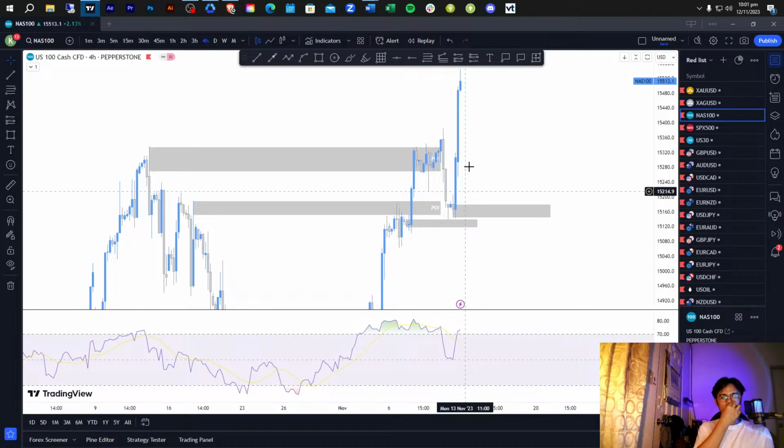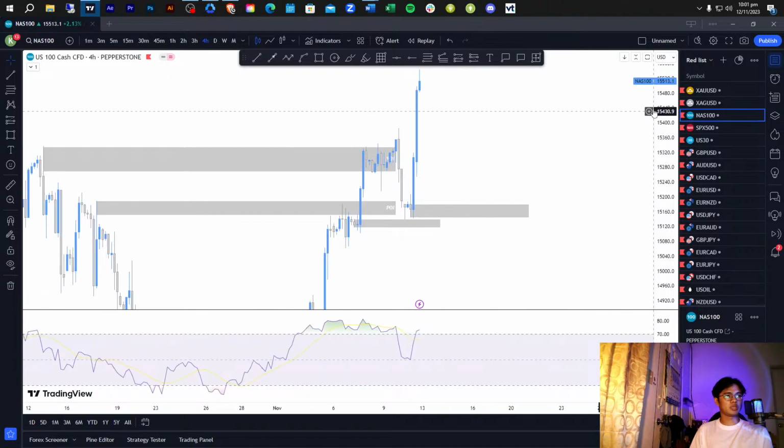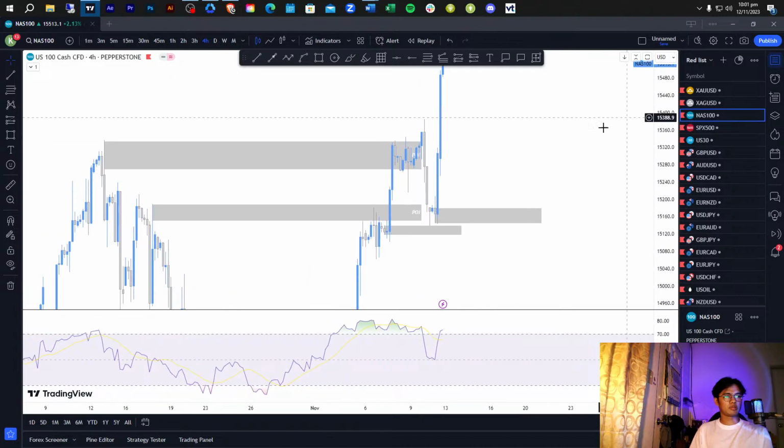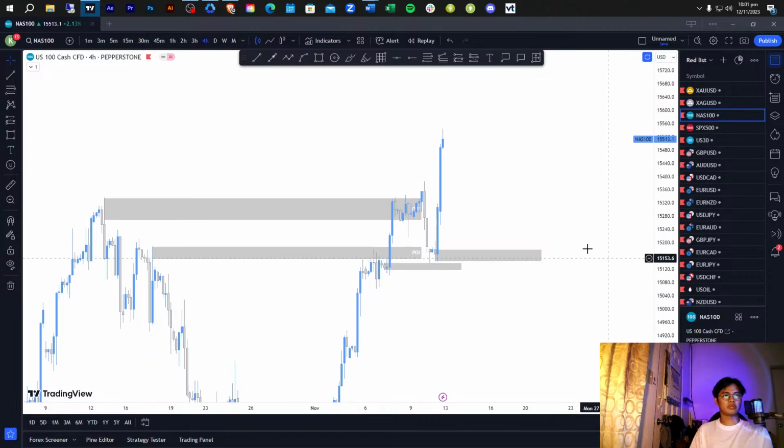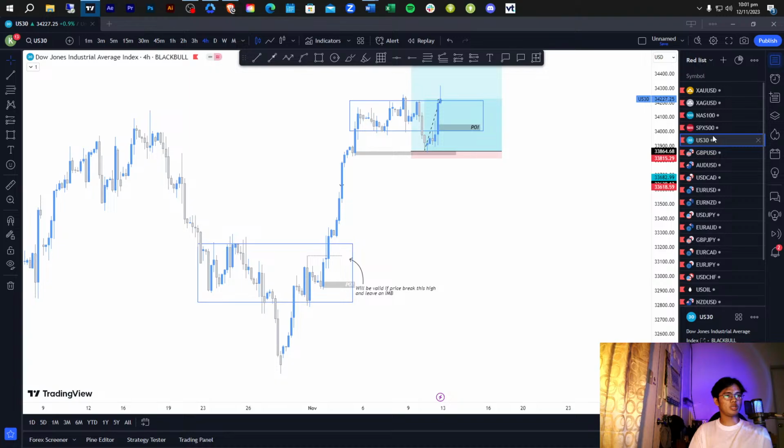Also, a big divergence on this area, probably gonna go down to retrace within this week. So NAS, SPX, and US30, we're looking for a downward movement for this week, and that's it.